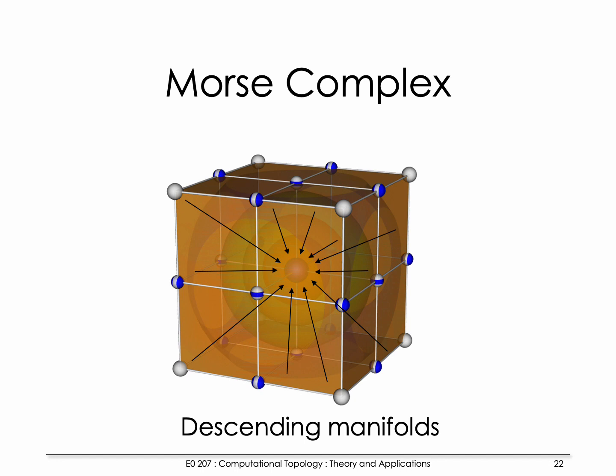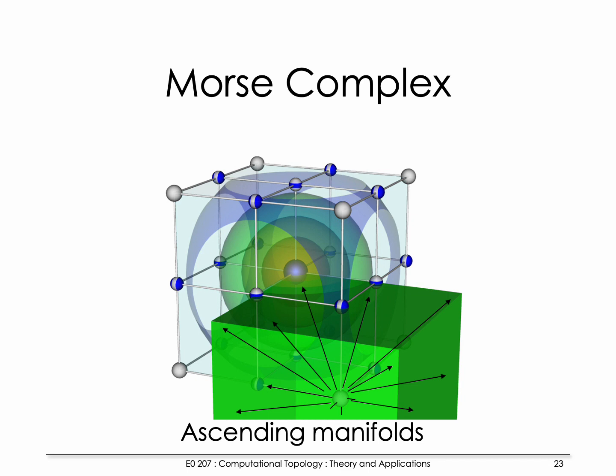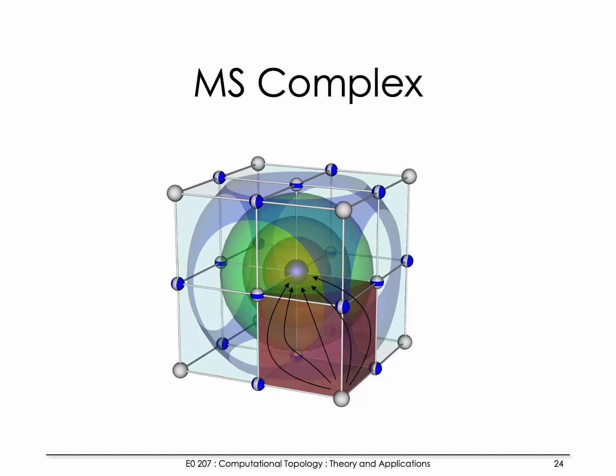So naturally the entire cube is the descending manifold of the maximum. You can similarly compute ascending manifolds for each minimum. That's shown in green here. The intersection between the two, or the overlay, will give you the Morse-Smale complex.